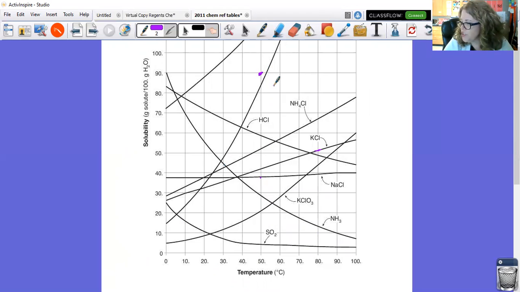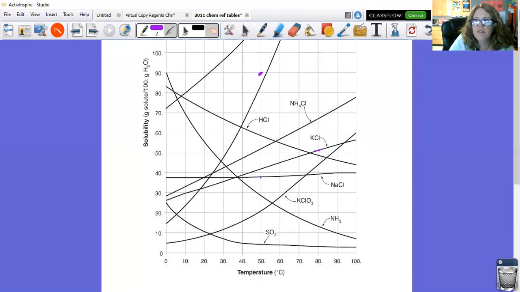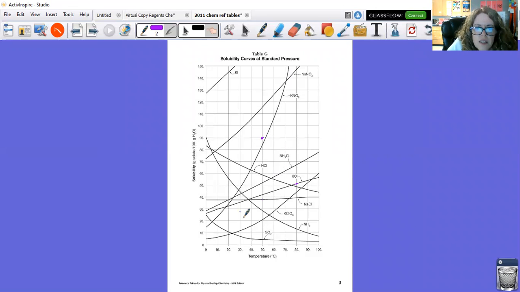And now my question is asking about KNO3. So where is the KNO3 line? So 50 degrees and 90 grams, and here is KNO3. That is above the line, right? Do we agree? My point is above the line.